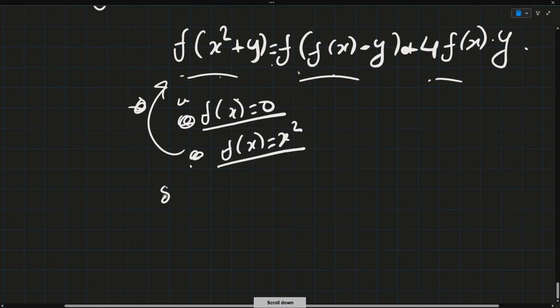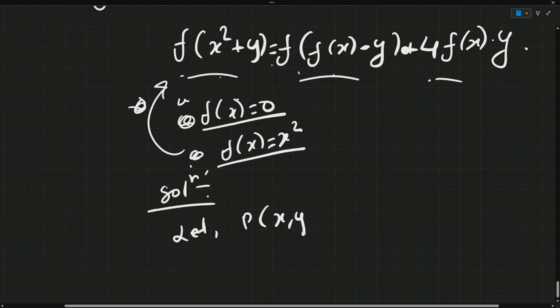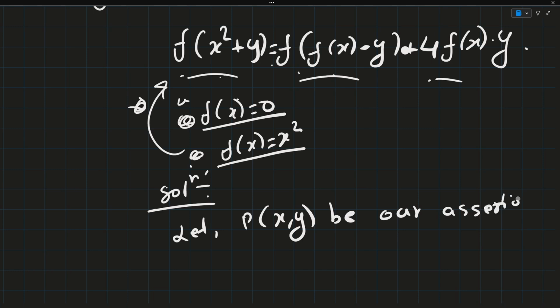So to write the formal solution, we write: solution. Let E(x, y) be our assertion. Now we just substitute.